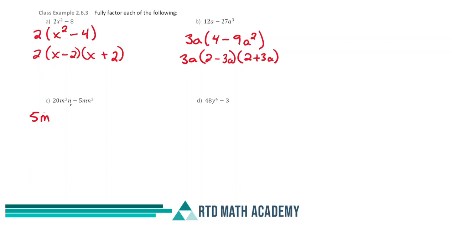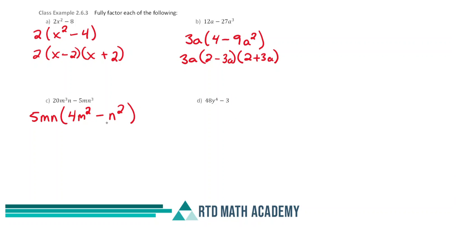And what's common between n and n cubed is just n. Then start a bracket. Now 20 divided by the 5 I took out is 4. And then this would be m squared. And then the n is gone, right? Minus. And now we factored out the m, so there's no m there, but there is still an n squared.